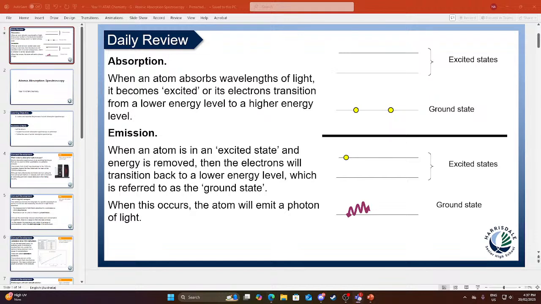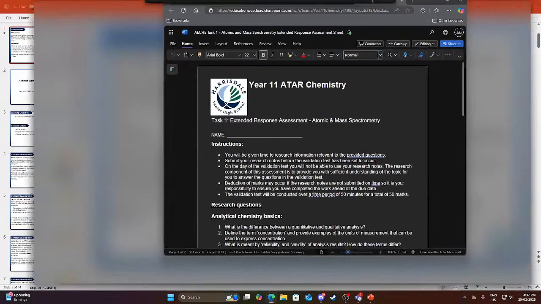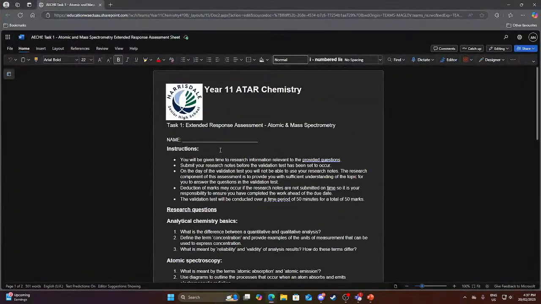Year 11. Assessment sheet. Okay. Yes, this is what I wanted. Okay, we'll keep that on there. Will that become used?